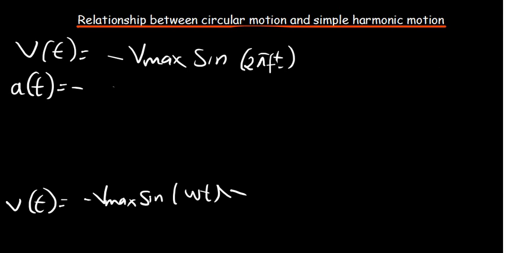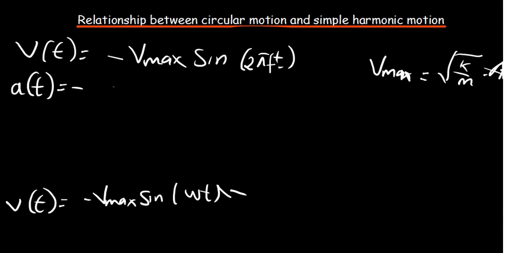But we know that V max is equal to the square root of k over m times A. So we are going to replace there, but we are just differentiating that one in terms of time, so we are going to replace later.